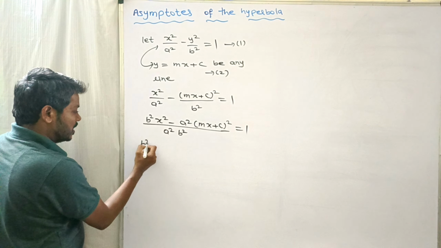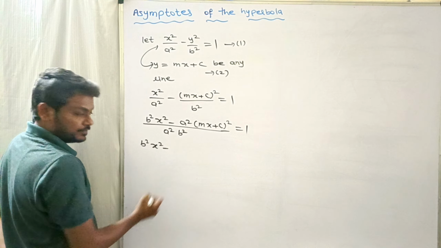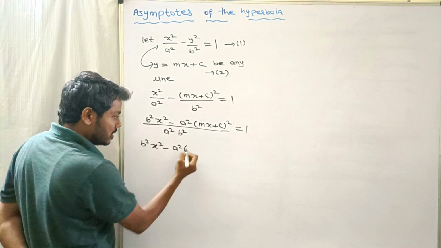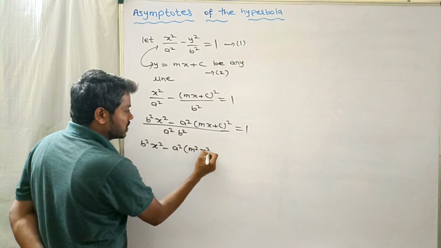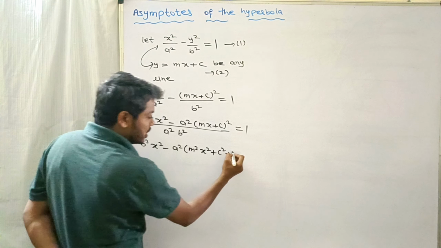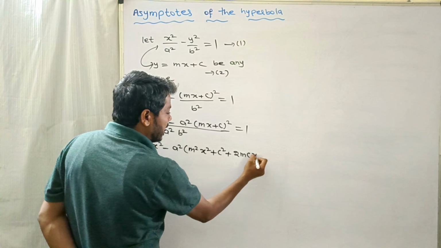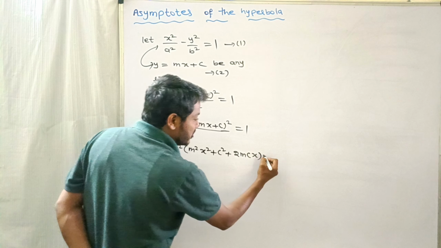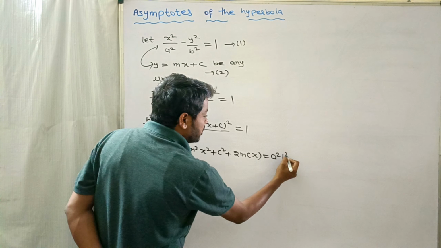Again, which is b square x square minus a square into (mx plus c) whole square, that is m square x square plus c square plus 2mcx. Cross multiplication: a square b square into 1 equals a square b square.